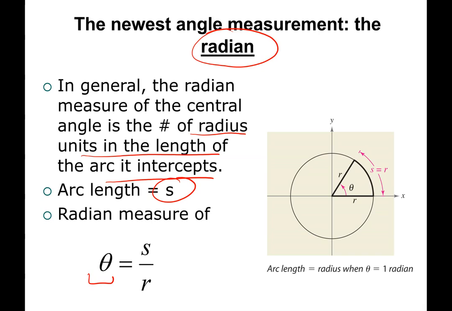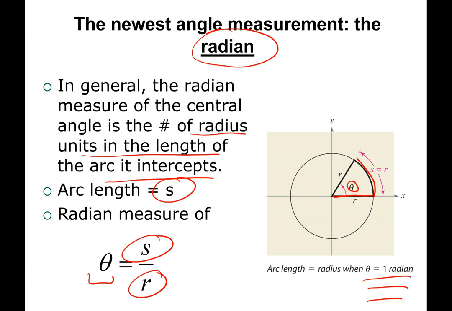So if you wanted to calculate the measurement of any radian unit, you're going to measure the length of the arc, which is s, divided by the length of the radius. When you're talking about an angle where the length of the arc is exactly equal to the length of the radius, then that's how you get exactly 1 radian.